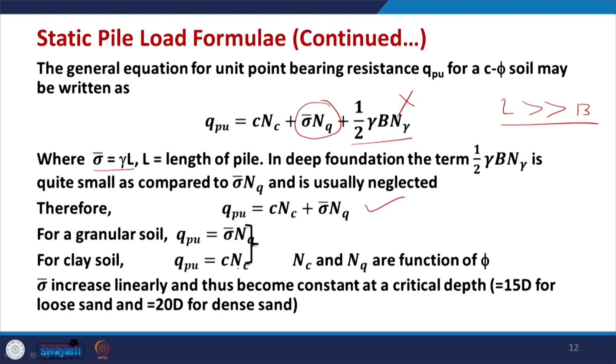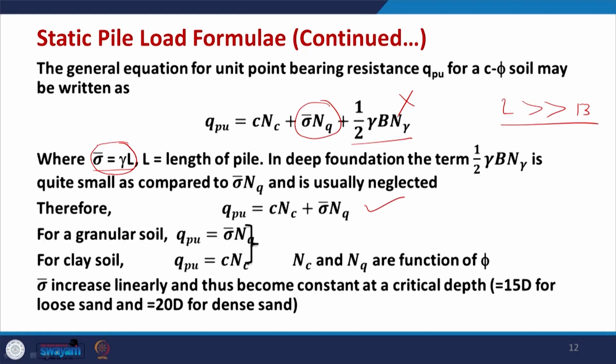Now, one needs to understand that sigma bar is set as gamma L, which means if the length of the pile keeps increasing, as you go down and down, sigma bar will keep continuously increasing. But this is not the case. Rather, after a certain depth, this increase will become constant, and that depth depends on the type of soil.